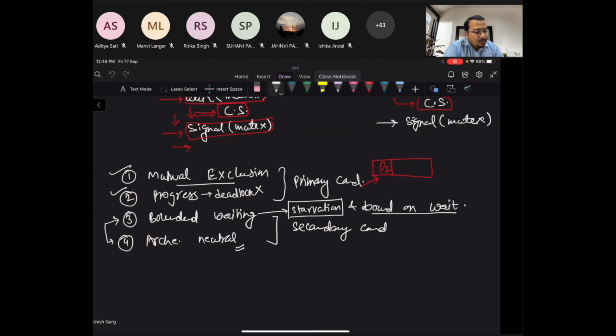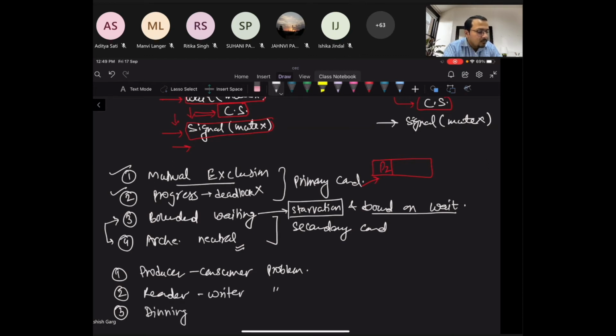And now we have a few problems which you may read about. One is the producer consumer problem, then another is the reader writer problem, and one is the dining philosopher problem.